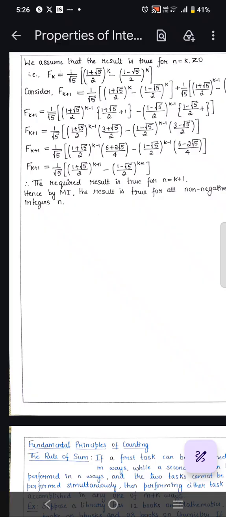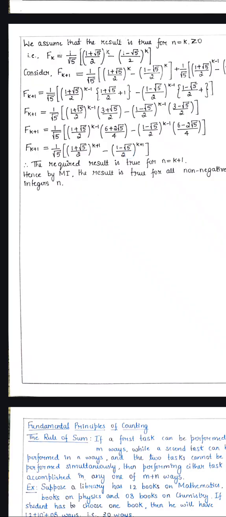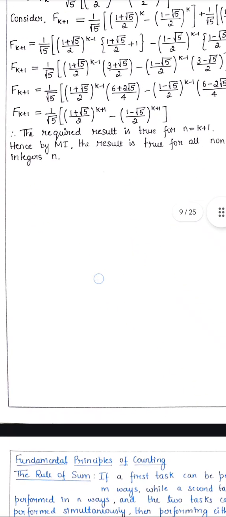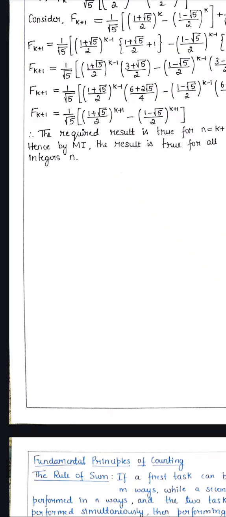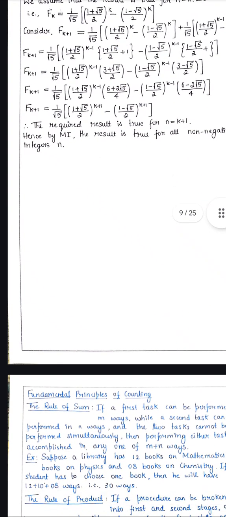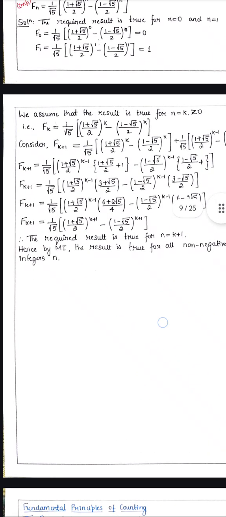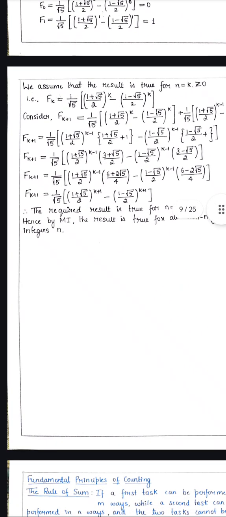Then if we multiply and divide by 2, for 3 plus root 5 by 2 and 3 minus root 5 by 2, we will get 1 plus root 5 by 2 whole power k plus 1 and 1 minus root 5 by 2 whole power k plus 1. The required result is true for n equals k plus 1. Hence by mathematical induction, the result is true for all non-negative integers n.